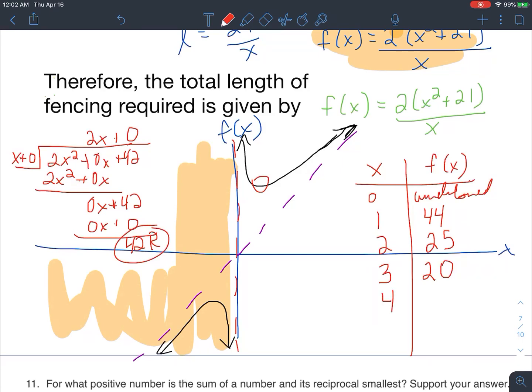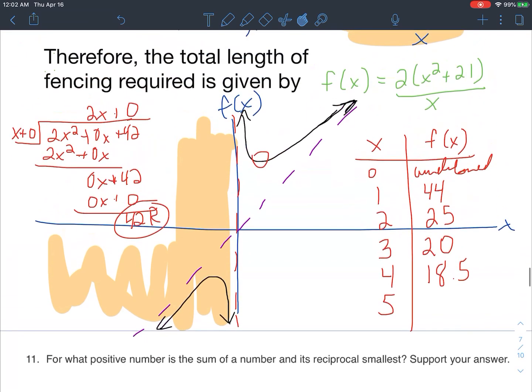X is 4. Let's see, you're going to get 16 plus 21 is 37 times 2 divided by 4. So 37 divided by 2 is going to be like 18.5. If I'm getting this wrong, I apologize.